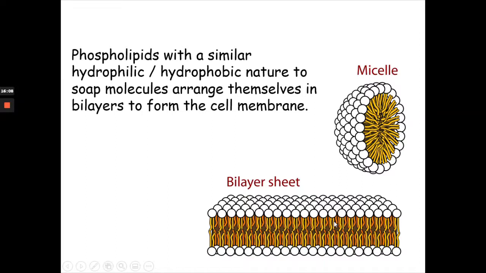This is how cell membranes are formed, and this allows the cell to keep certain things inside and keep certain things out, and then you end up with different channels within the cell membrane to allow transport of essential things across the cell. I find it quite interesting how the structure of soaps is closely linked to the structure of these phospholipids which form cell membranes.